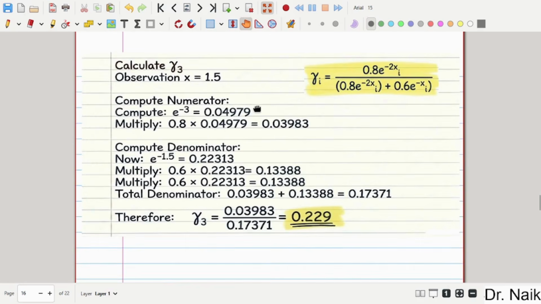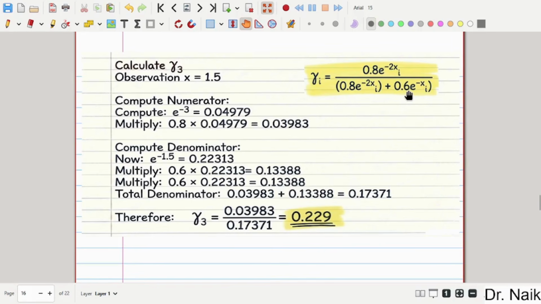Now calculate gamma 3, our third observation, that is x is equal to 1.5. So e raised to minus 2 into 1.5 is equal to e raised to minus 3. Therefore e raised to minus 3 is equal to 0.04979. Now multiply it with 0.8, so 0.03983. Now calculate the denominator. e raised to minus 1.5 is equal to 0.22313.